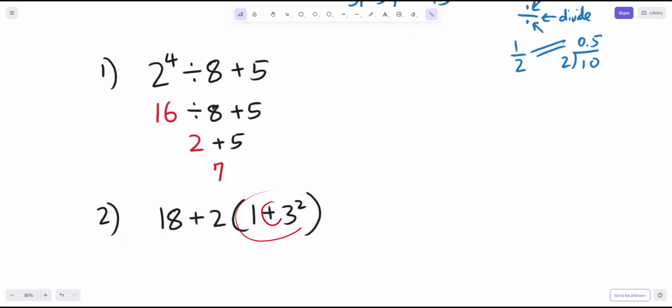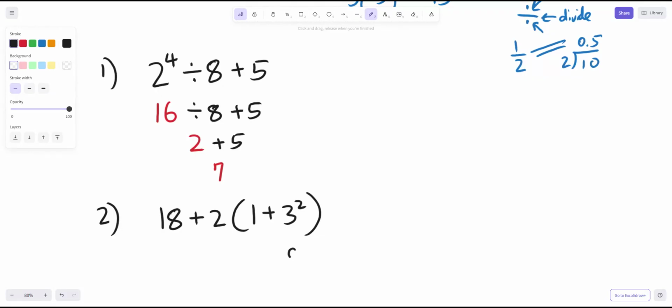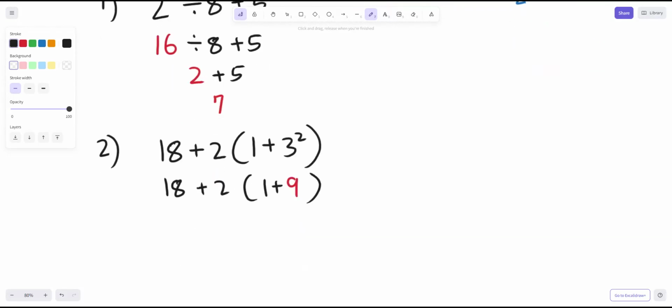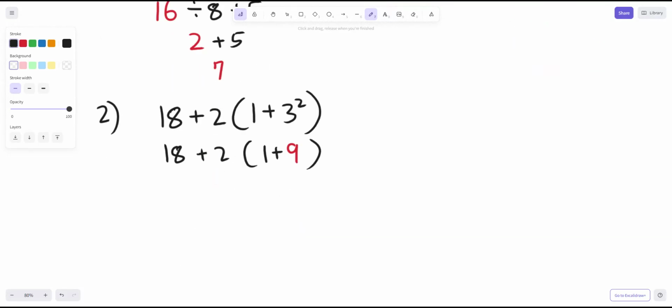Inside the parentheses we have addition and exponents, so we do exponents first because that has priority. So 3 squared is 9. And then bring everything else down. 2 times 1 plus 9. Next, we're still doing inside the parentheses, and so 1 plus 9 is equal to 10.